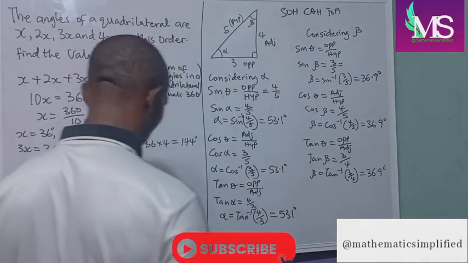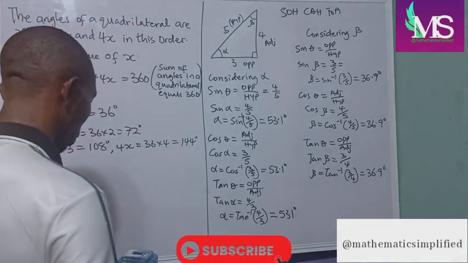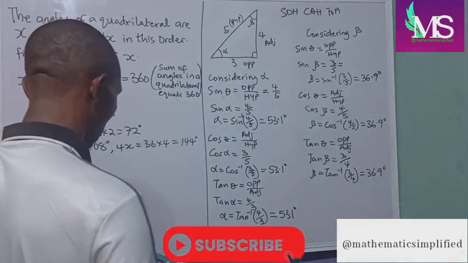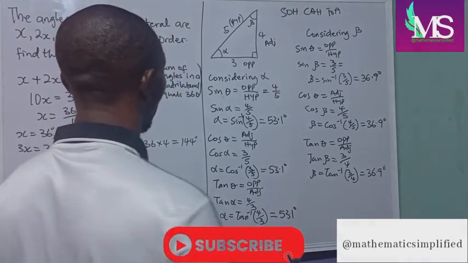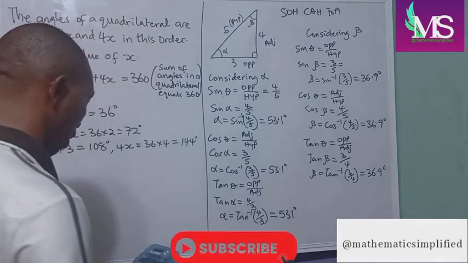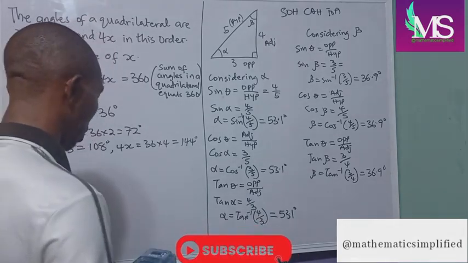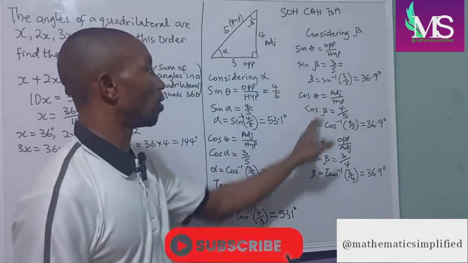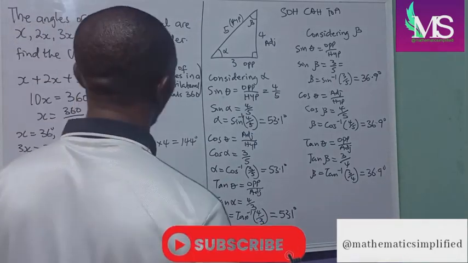That shows us that either way, whichever one you use, you will get the same answer, be it sine, cos or tan. You get the same answer for both sides of your divide.